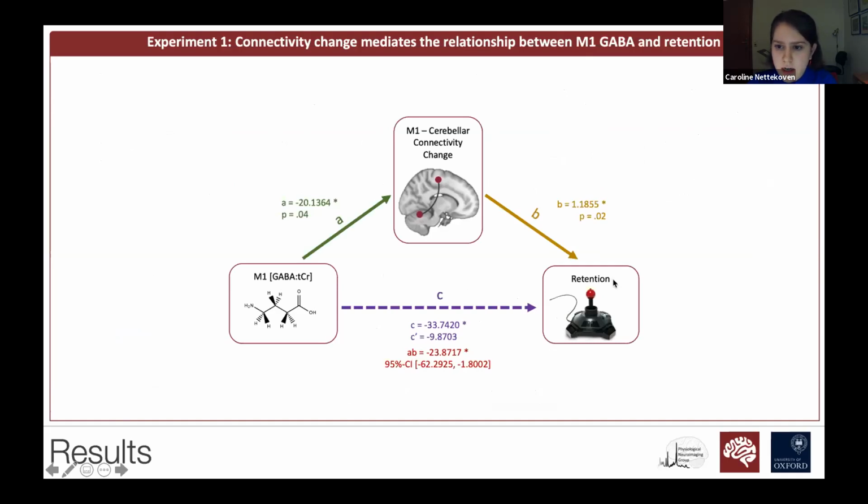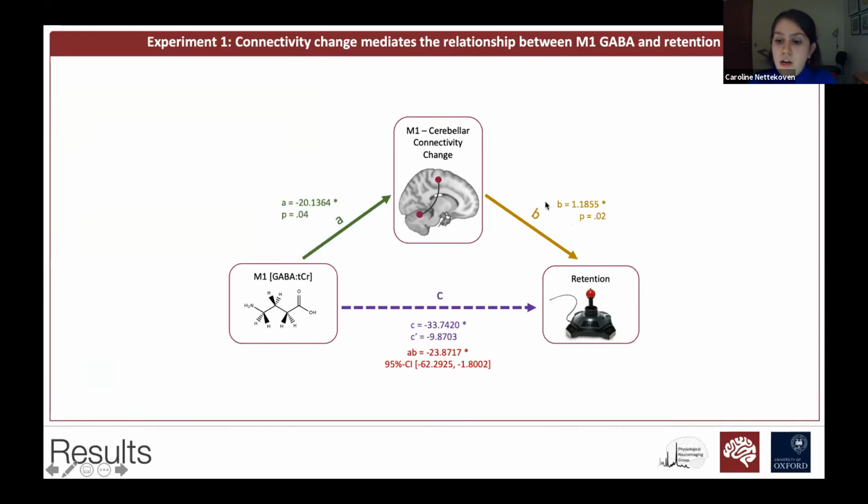A mediation analysis tests whether the observed direct relationship between two variables, in our case M1 GABA and retention, might be mediated through an indirect pathway, in our case M1 cerebellar connectivity change. And that's exactly what we find. Our mediation analysis showed that the relationship between M1 GABA and retention was mediated by this indirect path, connectivity change between left M1 and right cerebellum.